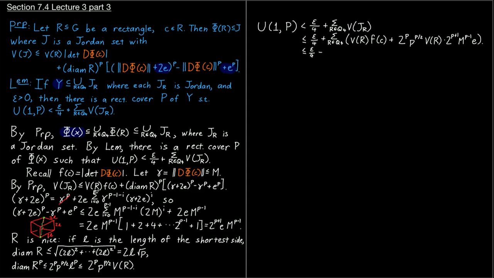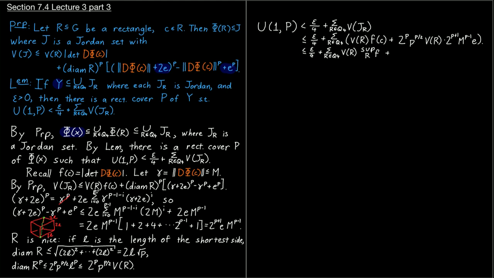Epsilon over 4 just kind of hangs out front. And then C is a point in R, so we can replace this by the supremum of F in R. Doesn't matter, it'll only make it bigger.